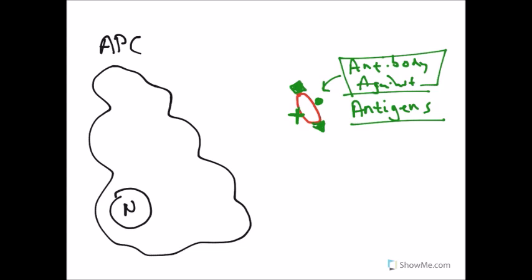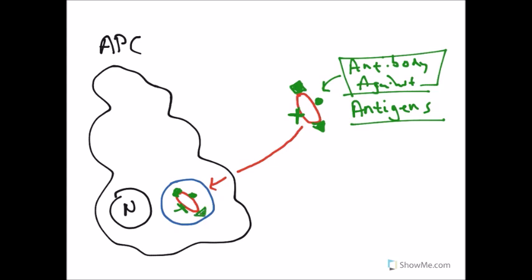An antigen presenting cell is going to be phagocytic, and it's going to phagocytize my little bacterium here. It's brought in with its antigens: the square antigen, the circle antigen, the X antigen, and the triangle antigen.